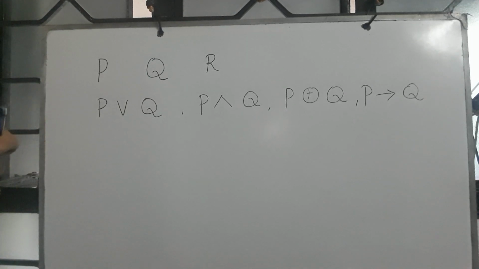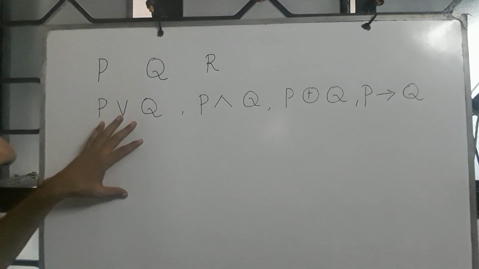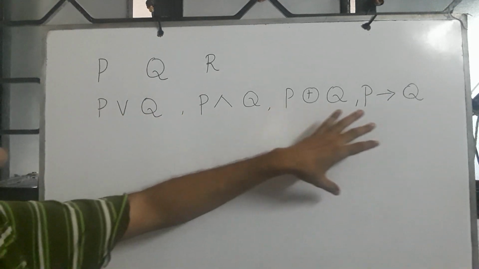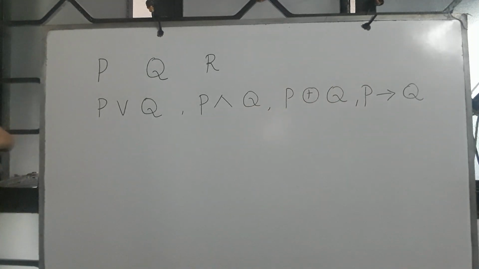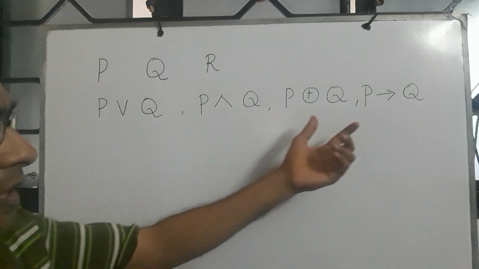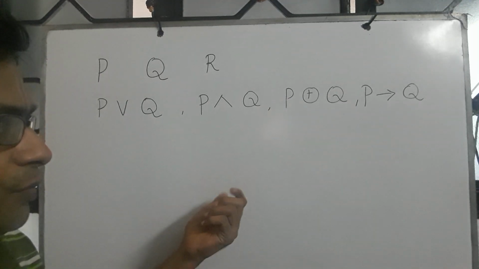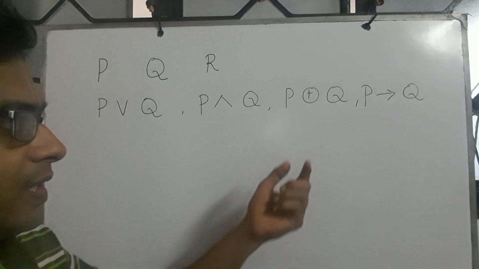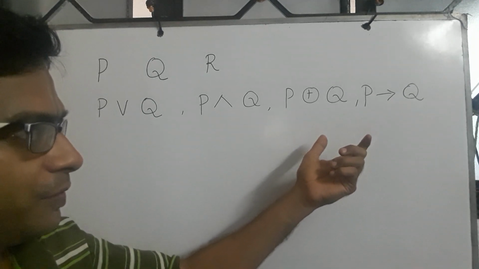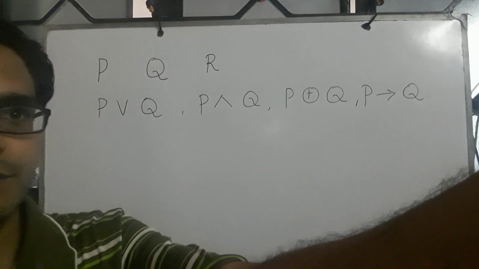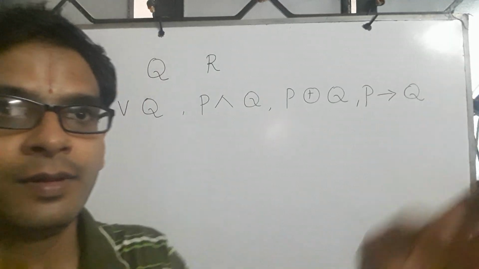So we looked in detail at what is the truth value of each of these. Let's look at P imply Q in detail with some more examples and insights into P imply Q and P biconditional Q.